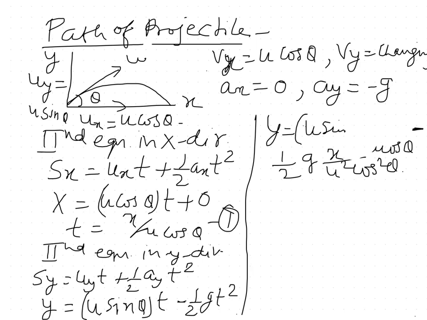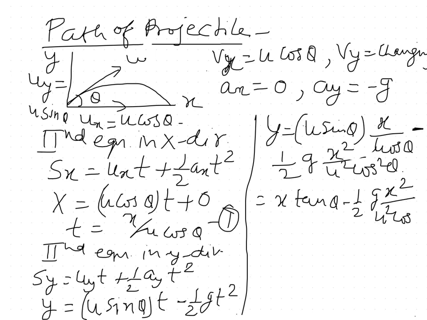So this is our equation. We can write, u cancels, so x tan theta minus half g x square upon u square cos square theta.